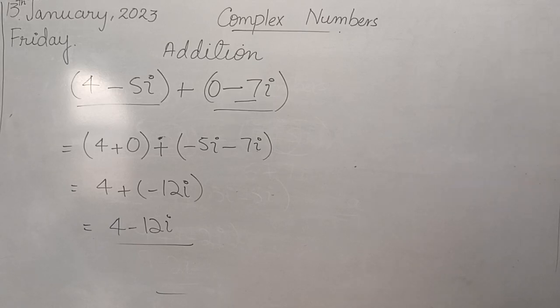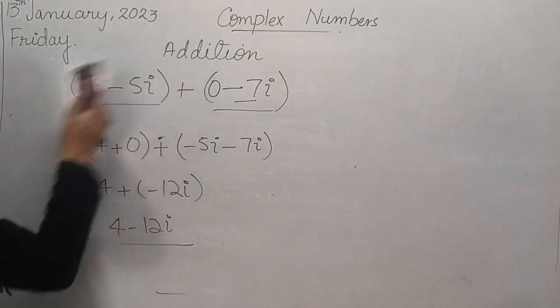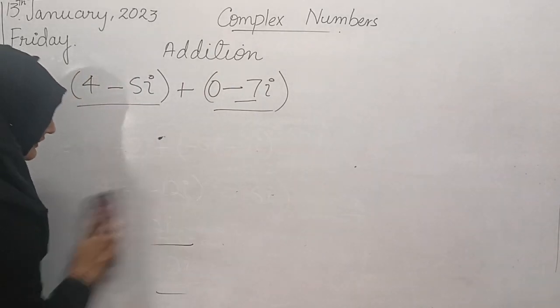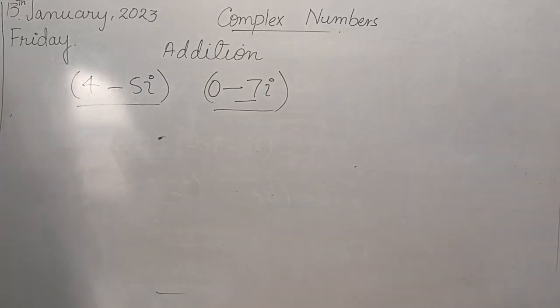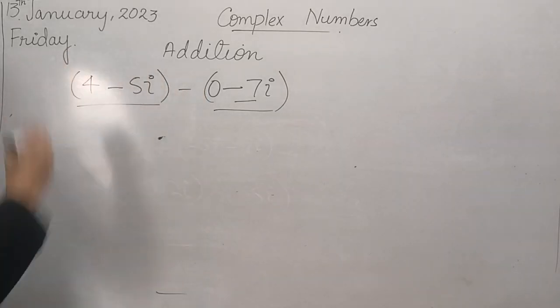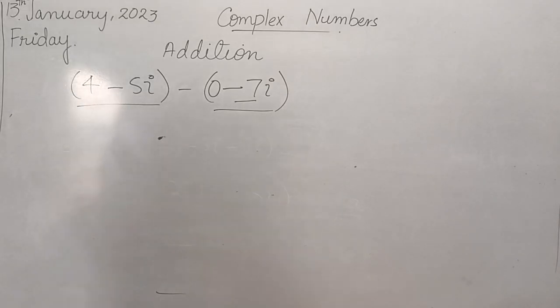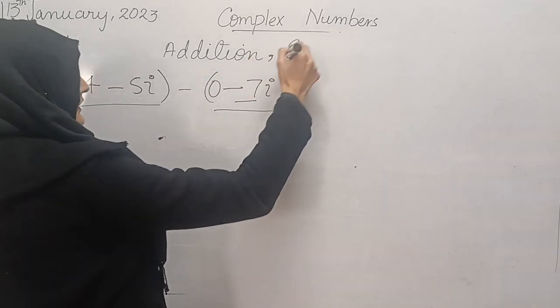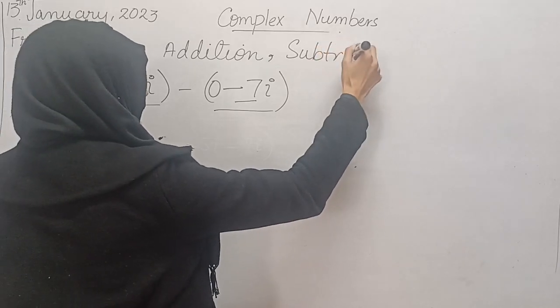Clear? On the same lines, we can subtract. Just perform the subtraction. For example, if we have these two numbers, 4 minus 5 iota and 0 minus 7 iota, and we have to subtract these numbers, think about it and tell me what we will do. Now we are performing subtraction.